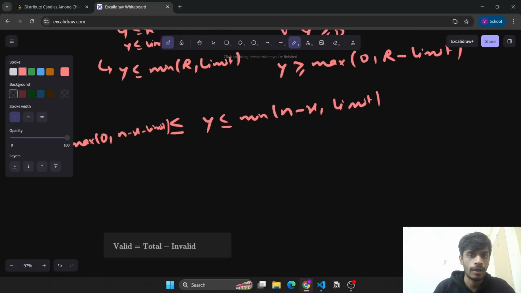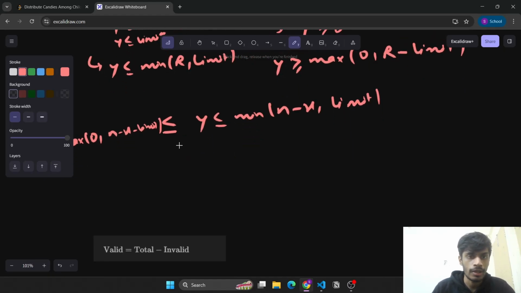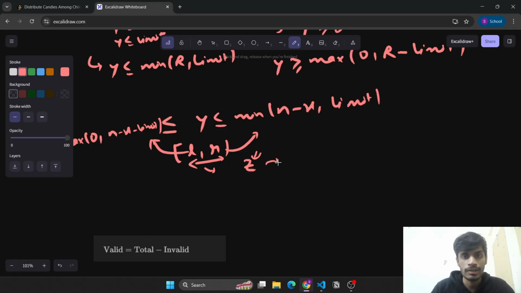So we have found a range for y which is from L to R, where L is this and R is this, and we can give any value which lies in the range L to R, and the constraints for the number of candies that will go to Z will be satisfied, right?